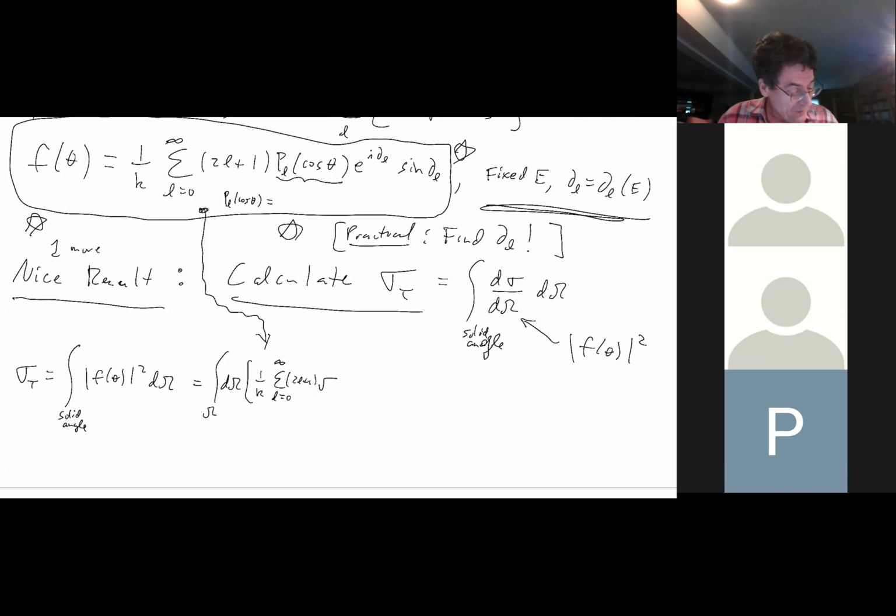Okay, let me tell you the math trick. The math trick is that the Legendre polynomial is exactly equivalent to the square root of 4 pi over 2L plus 1 times Y_L0 of theta, phi.